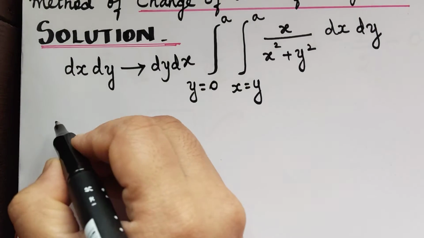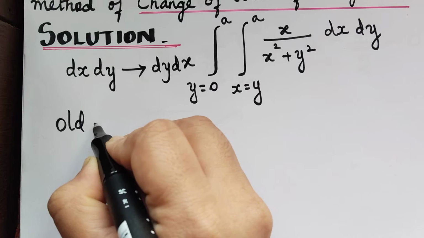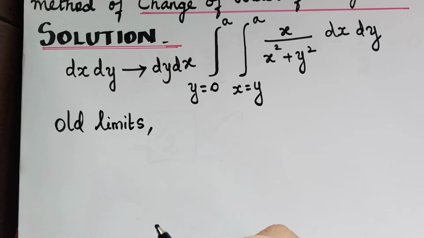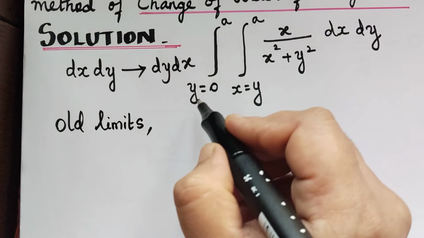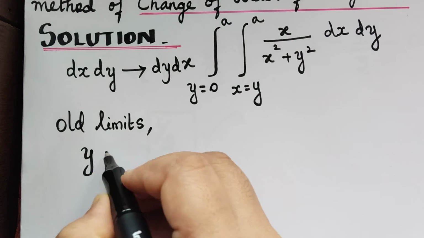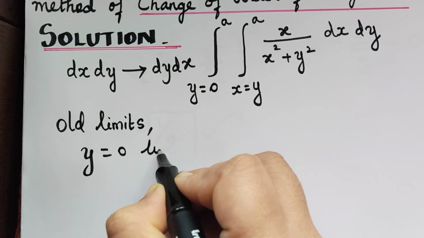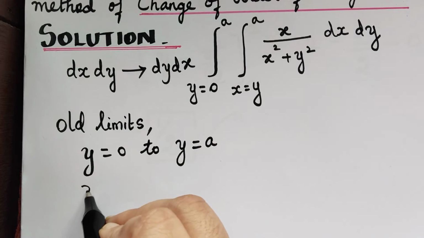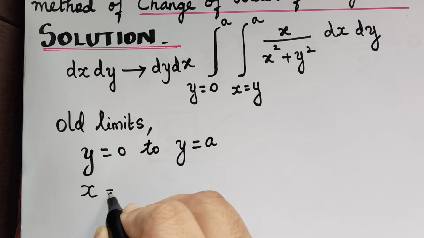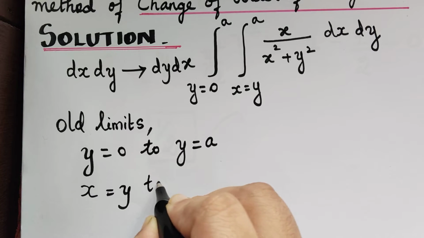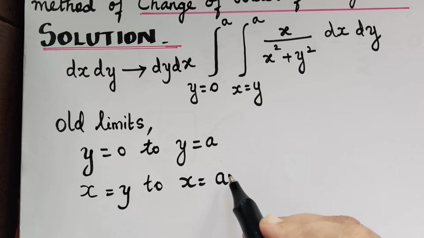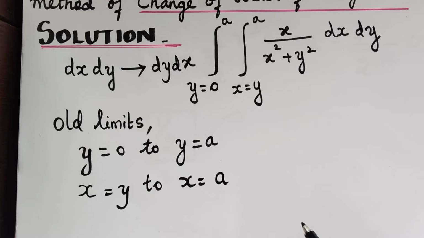So first we have to write the old limits. The old limits are for y equal to 0 to y equal to a, and the inner limits are for x equal to y to x equal to a. Now having this data, we have to sketch the region.